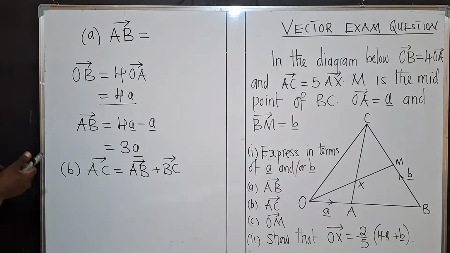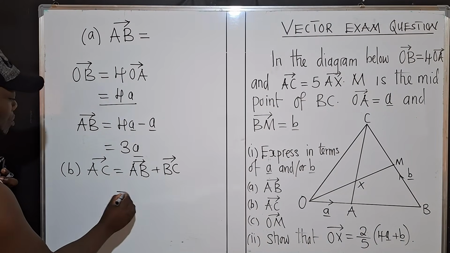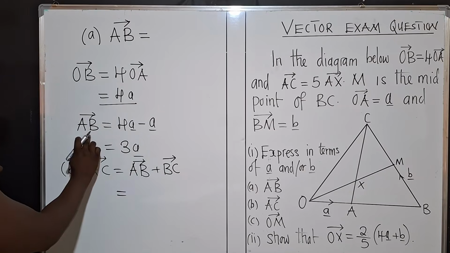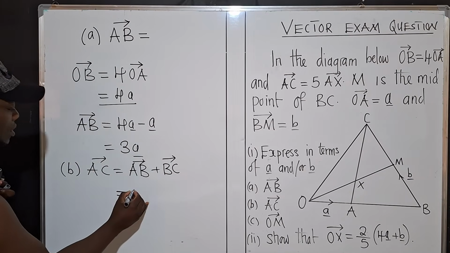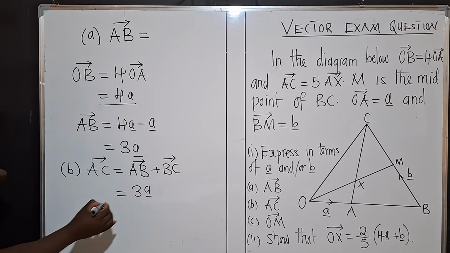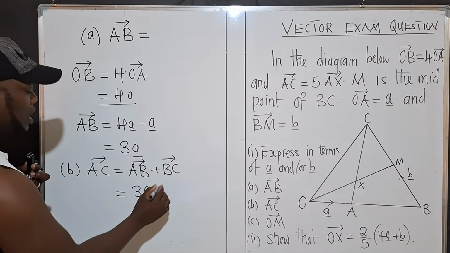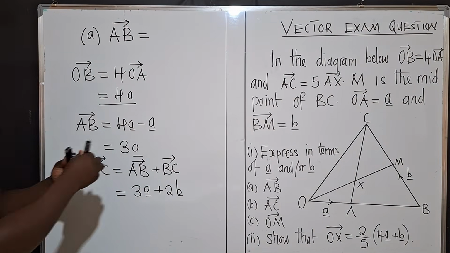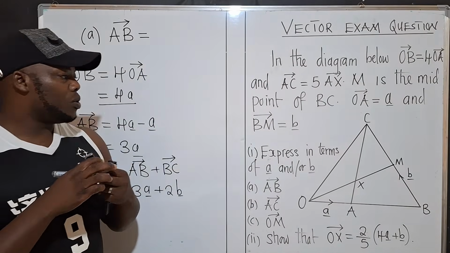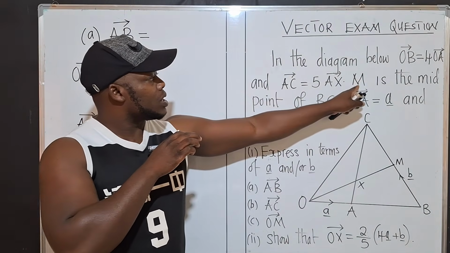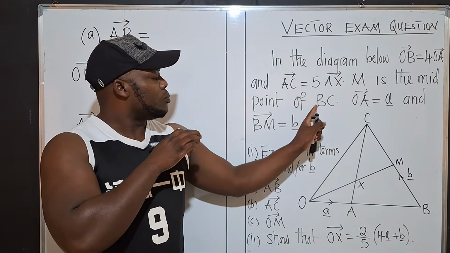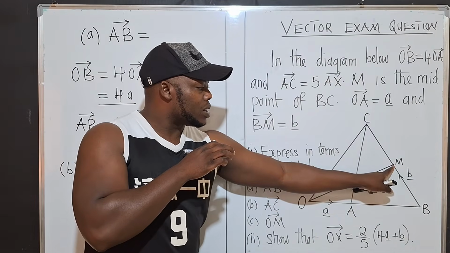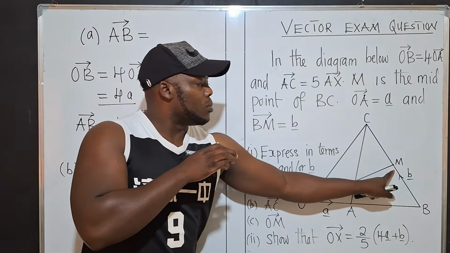So what is my AB? My vector AB is what I found in the previous question, that is 3a. And my BC will be 2b. We've been told in the question that M is the midpoint of BC, and they've given us BM.